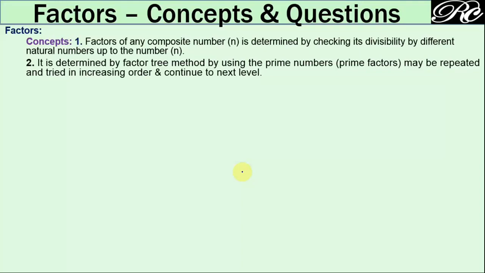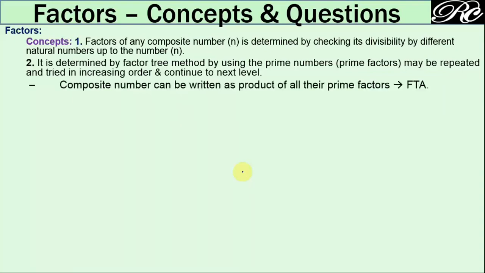It is determined by the factor tree method or the tabular division method, using prime numbers or prime factors, which may be repeated and tried in increasing order, continuing to the next level up to the number itself. By this way, any composite number n can be written as a product of its prime factors.